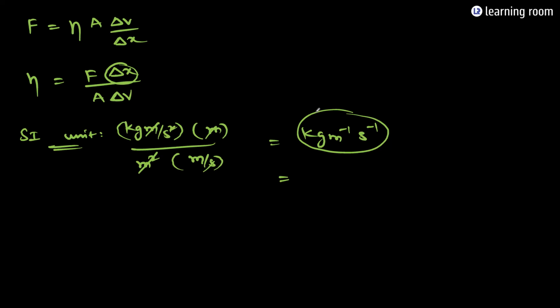Now, what is going to be the dimensional formula of it? The dimensional formula will be M L minus 1 T minus 1.